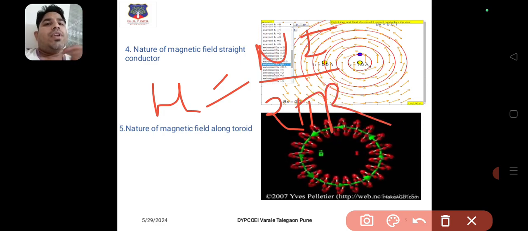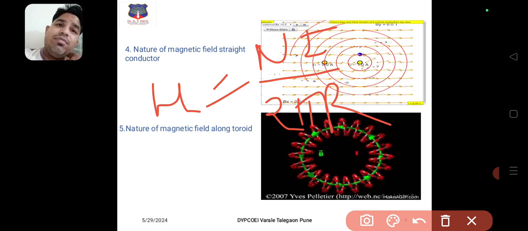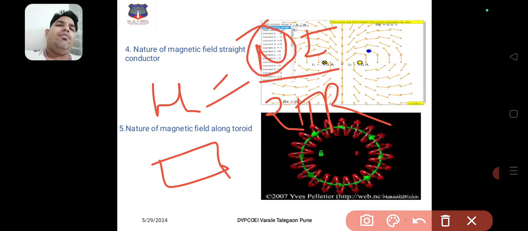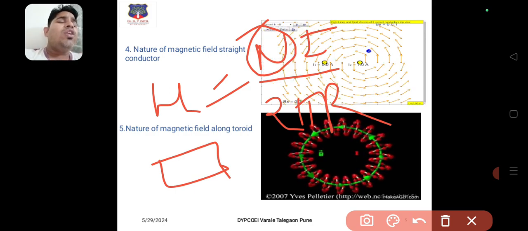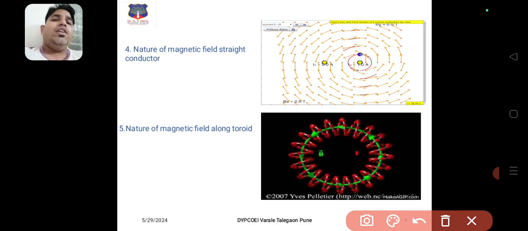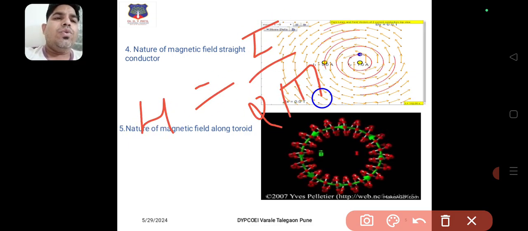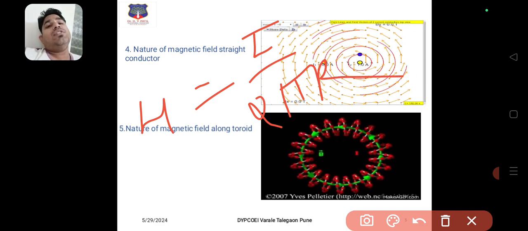But keep in mind that in the straight conductor we are just using the conductor, and there are no turns, so we neglect the turns. So we get H is equal to I divided by 2 pi r, because turns are absent in the conductor.